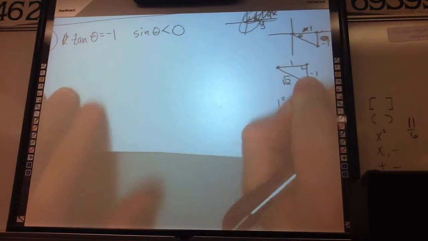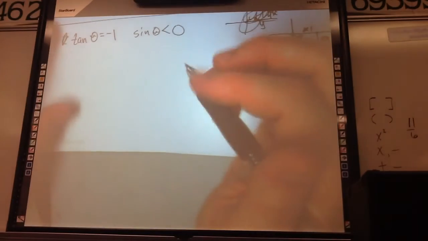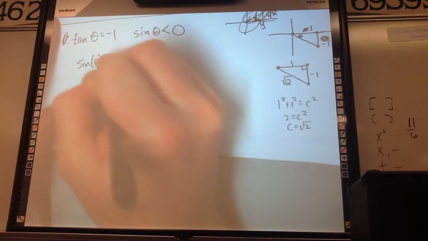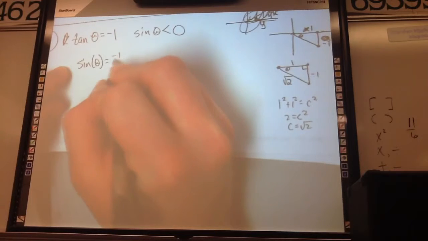So here we go. Now it's easier, right? Now we're done, basically. Sine of theta is going to equal opposite over hypotenuse, so negative 1 over root 2.